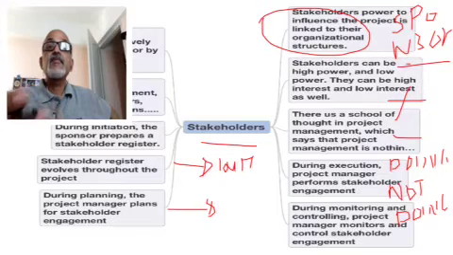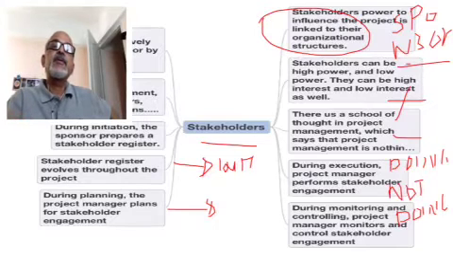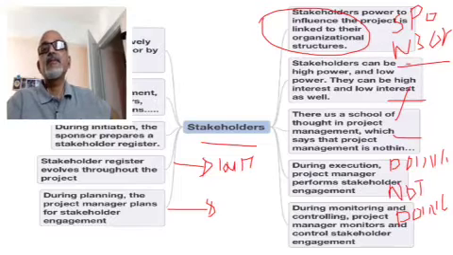If the customer's project manager is coming from a functional organization, then he can be very powerless, whereas a project manager coming from a projectized organization can be very powerful. So we need to understand the organization structure of the stakeholders to really estimate their power to influence the project.